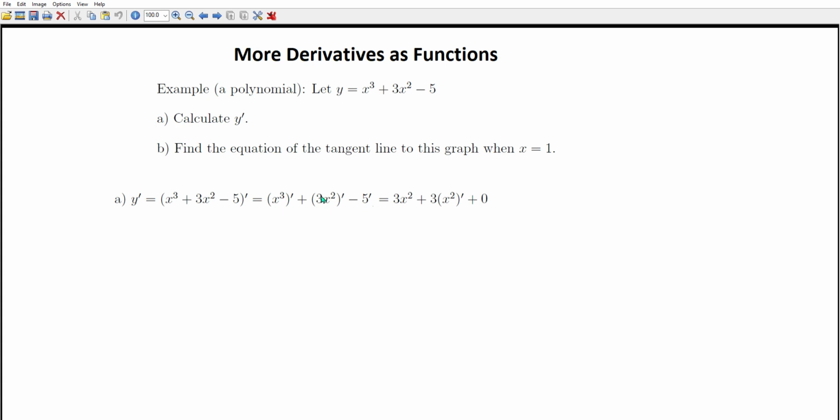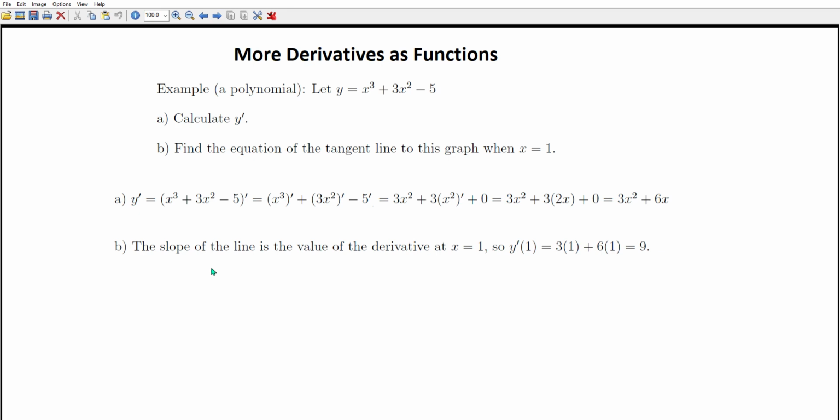This is a constant times a function, so the constant just factors out, and it's 3 times the derivative of x squared, and the derivative of a constant is 0. The derivative of x squared we've already done before: 2x to the first, or 2x. So we get 3x squared plus 3 times 2x plus 0, and 3 times 2x is 6x. So that's the derivative of y.